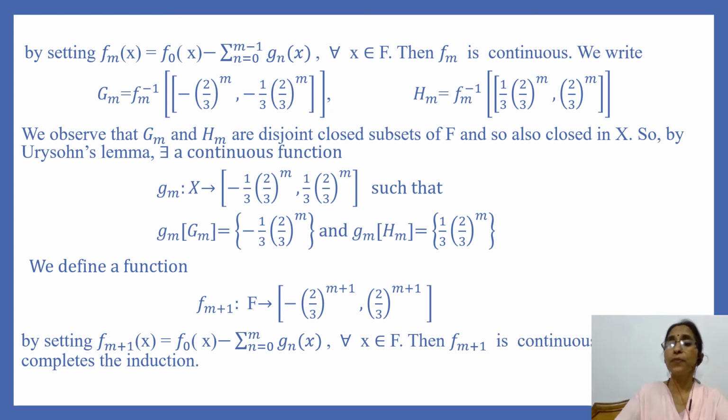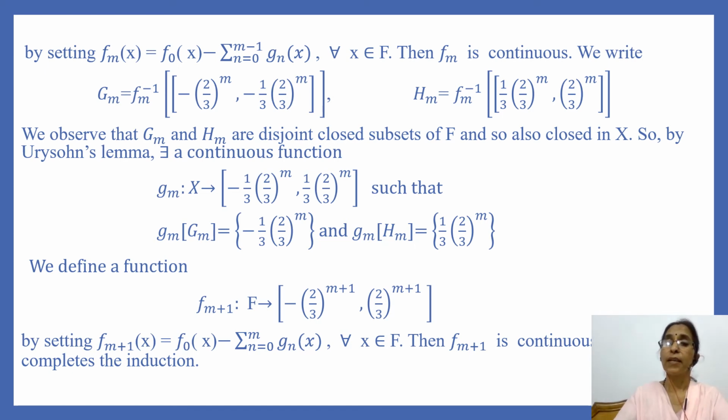We write G_m = f_m inverse of the closed interval [−(2/3)^m, −(1/3)(2/3)^m], and H_m = f_m inverse of the closed interval [(1/3)(2/3)^m, (2/3)^m].